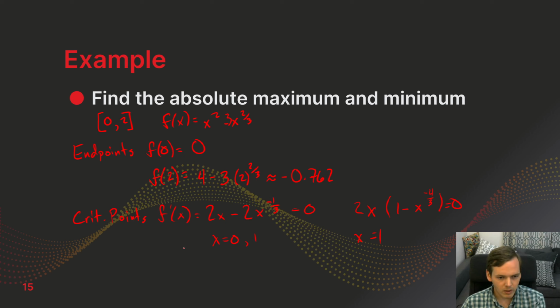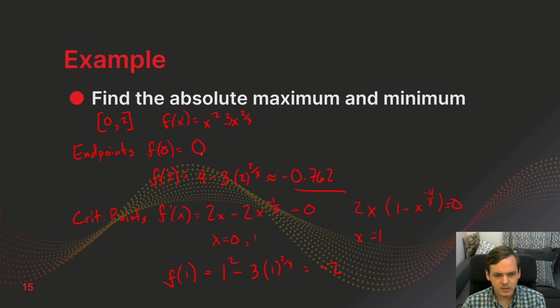So we've already evaluated f of 0, so now I have to evaluate f of 1. And that will be 1 minus 3 times 1 to the 2/3. So that will equal -2.